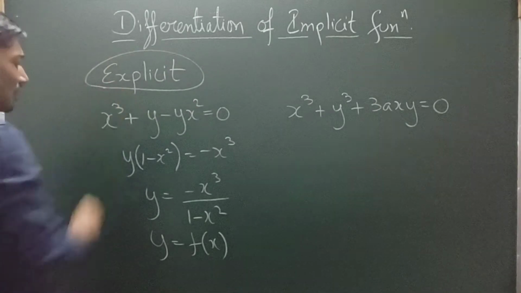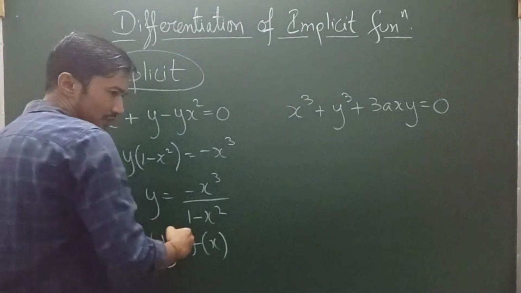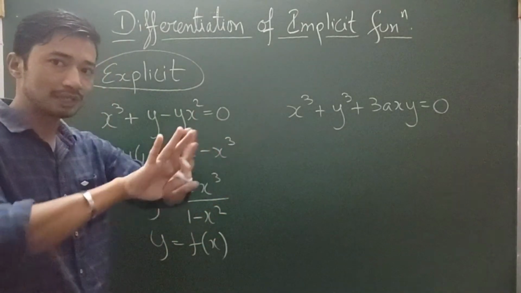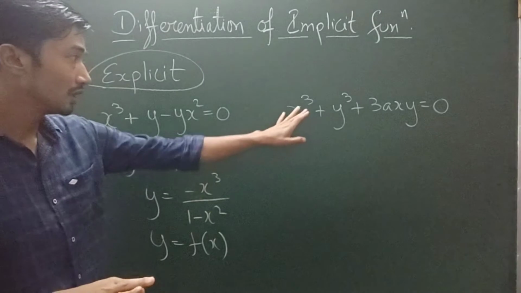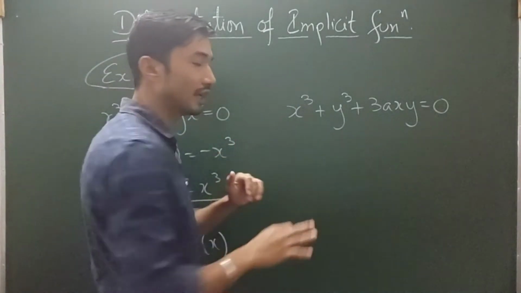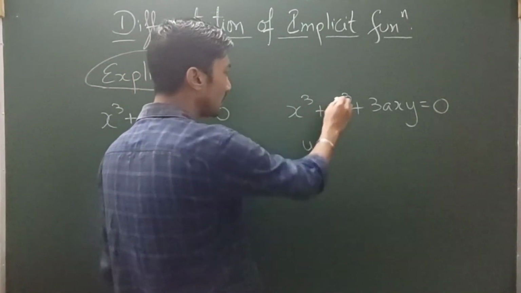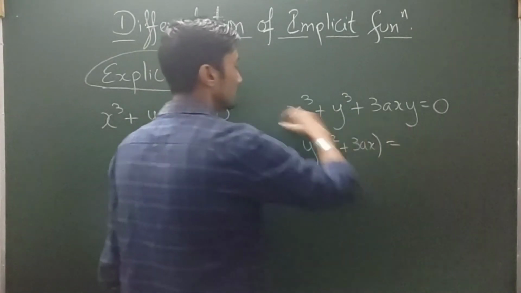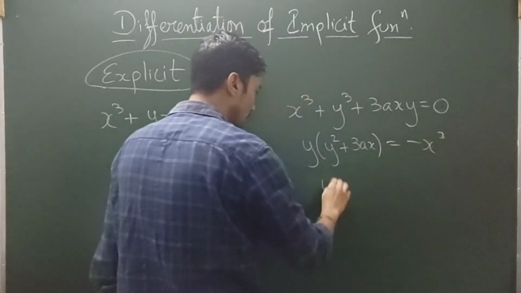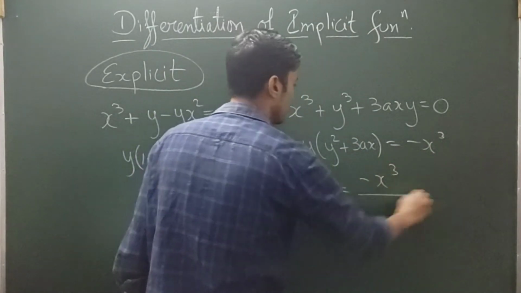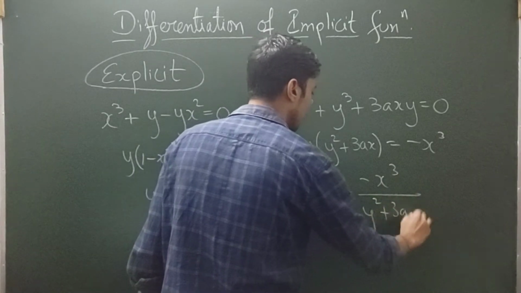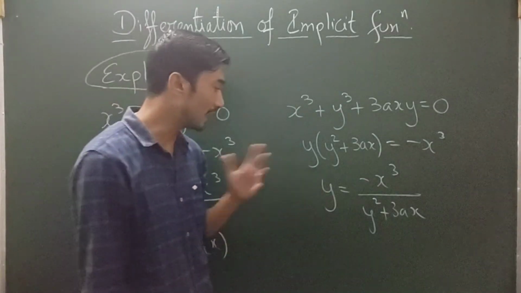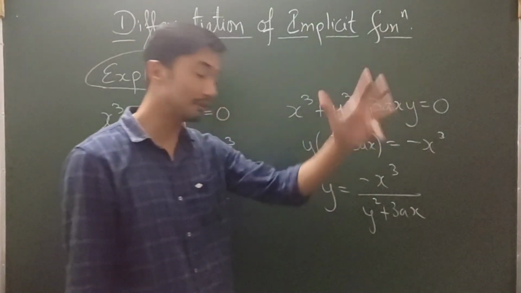Explicit functions are where you can represent one variable completely in terms of the other, with the two sides having separate variables. Let's try again to find out y here. So I'll take y common, so y squared plus 3ax is equal to the other side, minus x cubed. So y becomes minus of x cubed divided by y squared plus 3ax. Now you will see that it's not really possible for me to completely express y in terms of x independent of y.